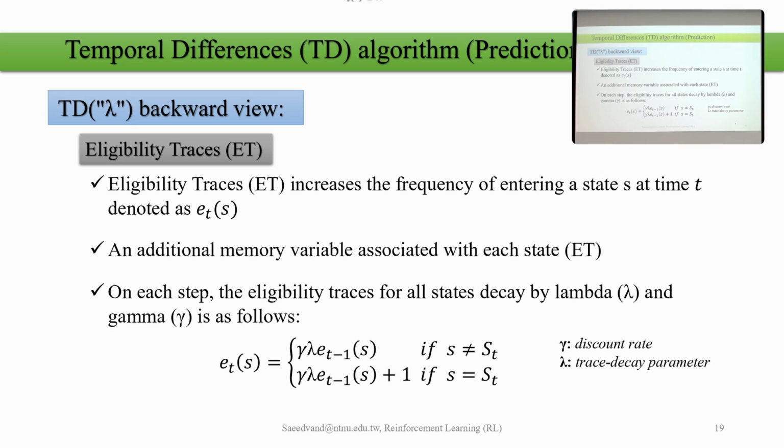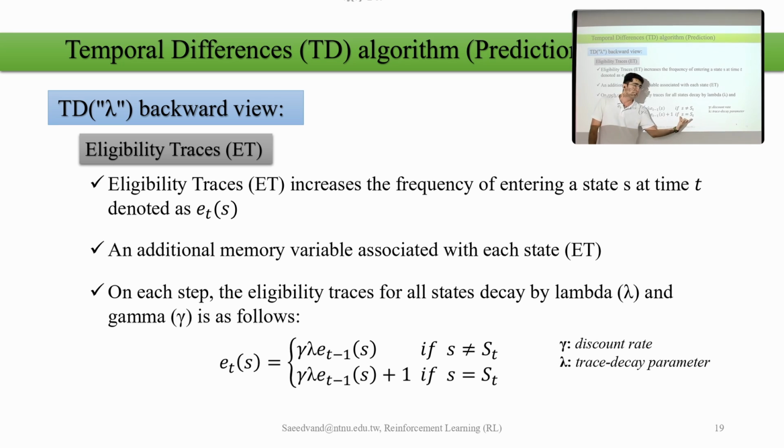What does the equation say? The eligibility trace of state S can be this term over here if the current state is not the state that we are in, or the second term if the state is the current state. So the rule of updating, depending on which state we are in, is slightly different.